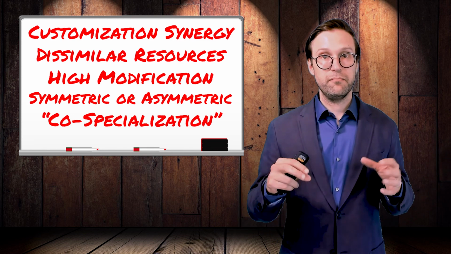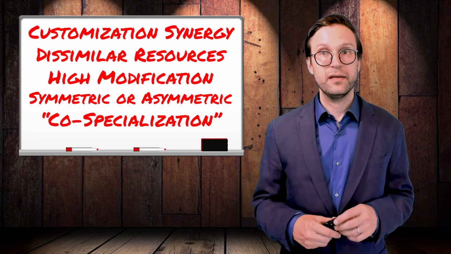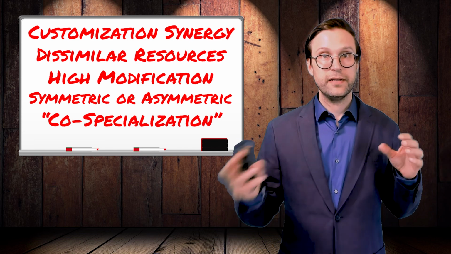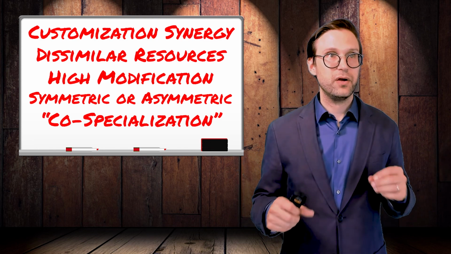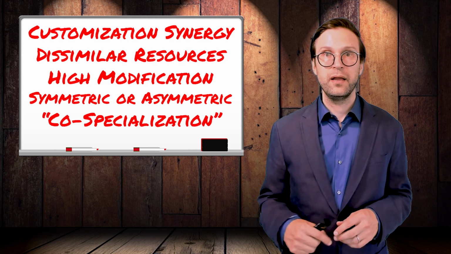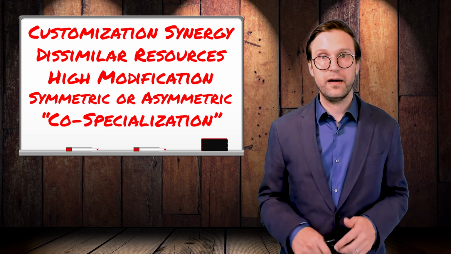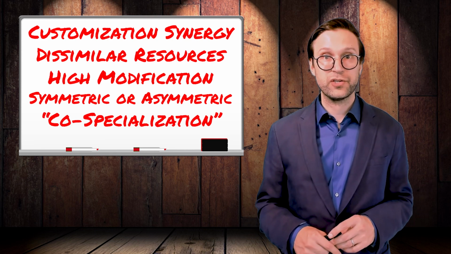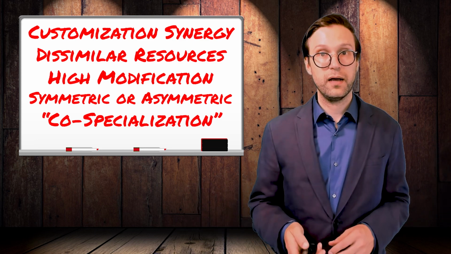So by using both of those products, you're getting extra value because of that interoperability and co-specialization. So again, customization synergies are dissimilar resources with high modification. And when thinking about that, you can really think about co-specialization, which could, again, be vertical or horizontal within the firm.